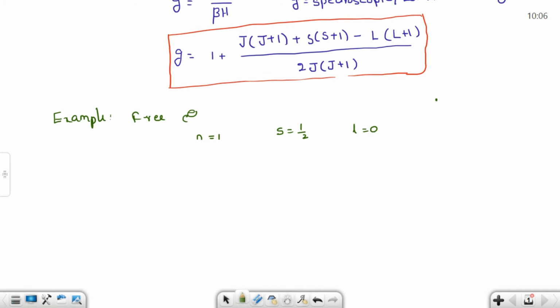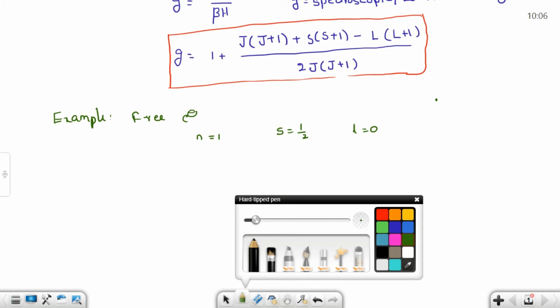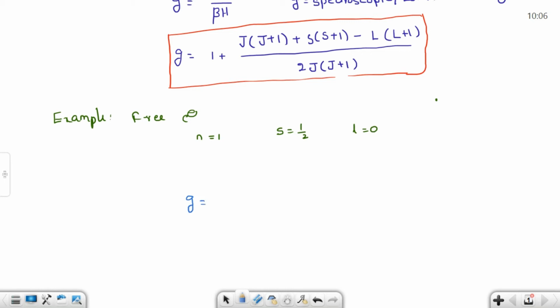Now here you see, the g value is equal to 1 plus, what is the J value here? J is equal to L plus S. L is equal to 0, S is equal to 1 by 2, so the J value is also 1 by 2.